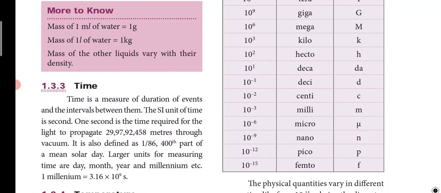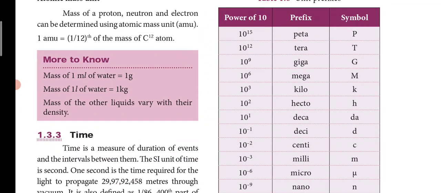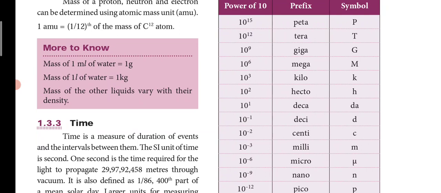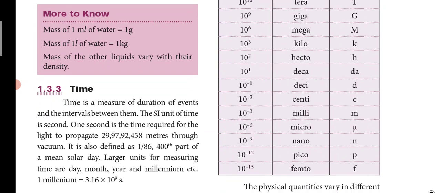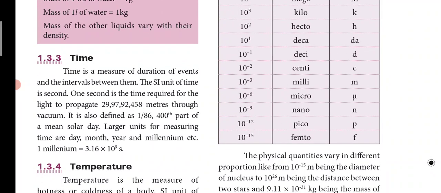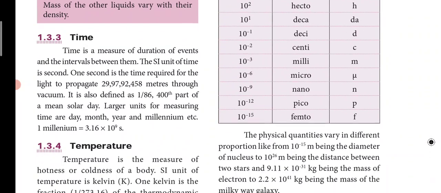Pico is minus 12 and minus 15 is femto. So all these words are prefixes. Like you can say gigabyte, terabyte, petameter, micrometer, nanometer. So you can use these prefixes as a constant one, and after that you can use any units to express very large and also very small quantities.